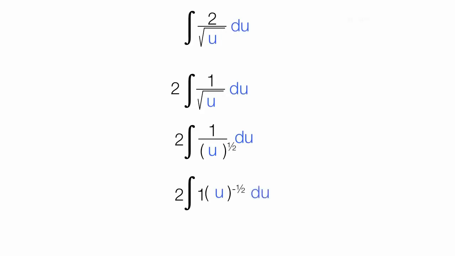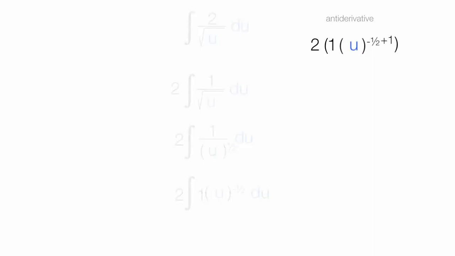Now I'm going to take the antiderivative of this. So I have 2 times 1 times u raised to the negative 1/2 power plus 1, like that. I'm adding 1 to the exponent. 2 times 1 is just 2.